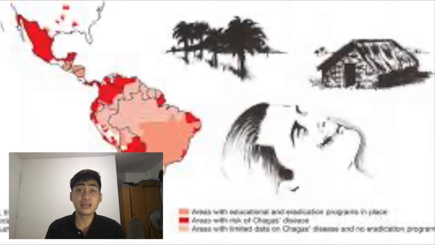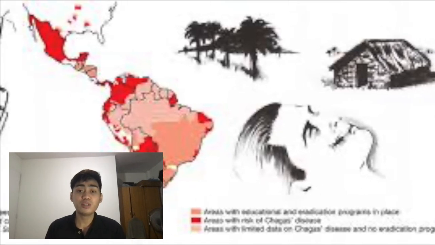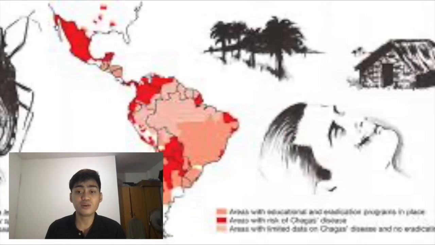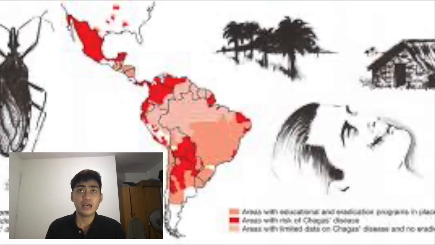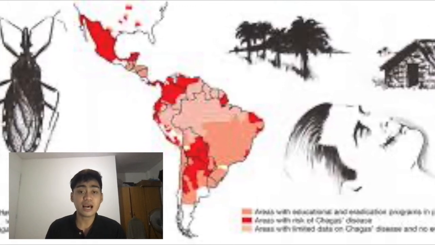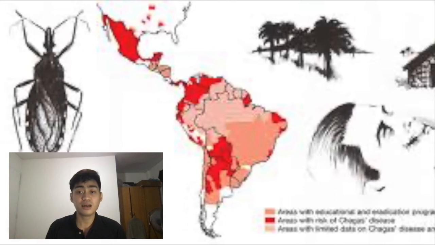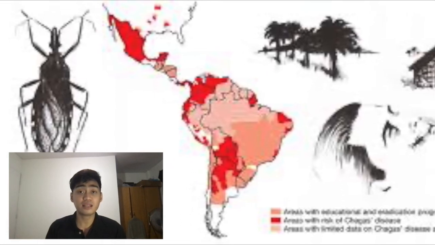The parasites enter the body when the person instinctively smears the bug feces or urine into the bite or any other skin break, the eyes, or the mouth. About 70 triatomine species have been recorded naturally infected with T. cruzi.